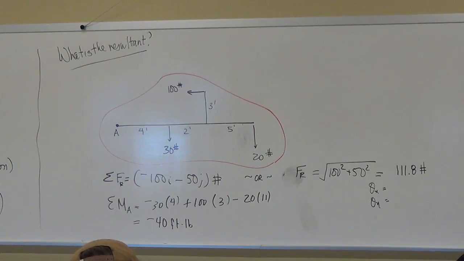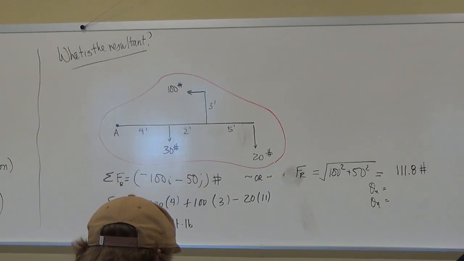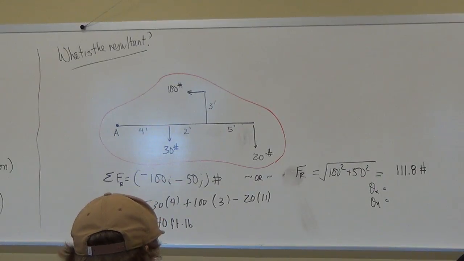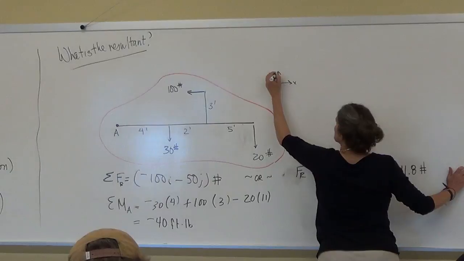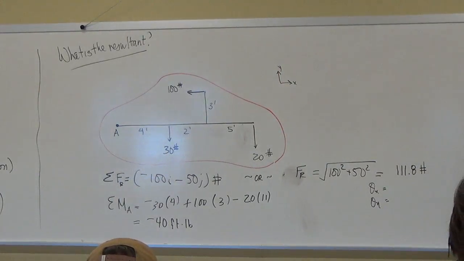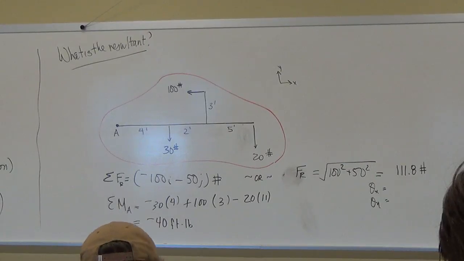So let's see, we have a force going in the negative x and the negative y, right? I didn't put my axes over here. And how long is this beam? This beam is 6 feet 11 inches.